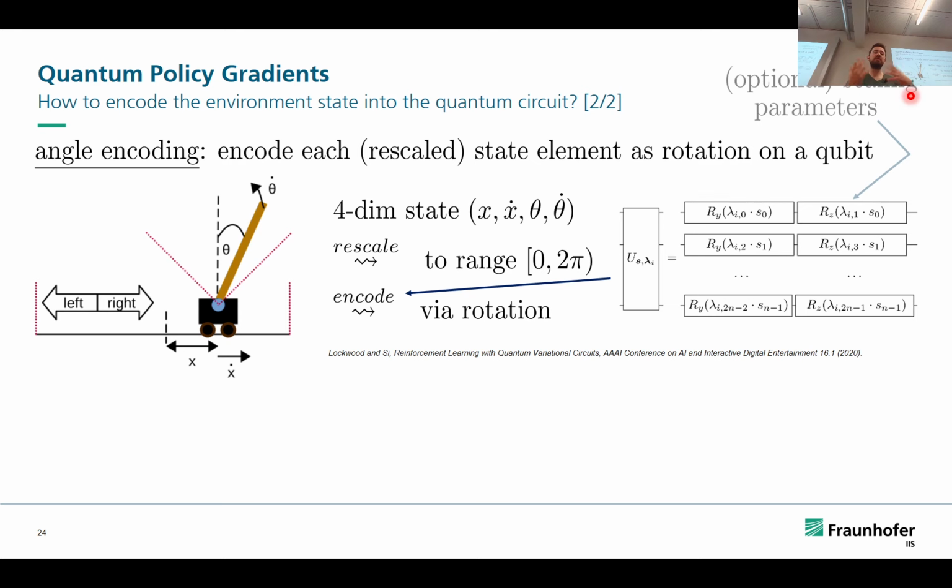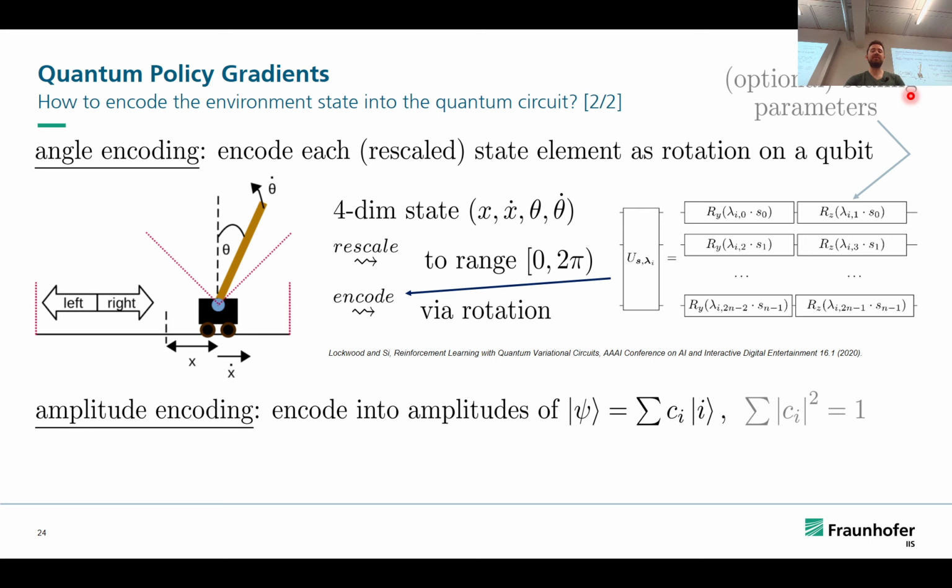So that's, I think, the encoding that is used for most of current algorithms, but there are also a lot of different encodings. So for example, you can talk about amplitude encoding, where you can encode the information directly into the amplitudes of your system. This has the advantage that typically it requires exponentially fewer qubits because it's very efficient, because you have this exponential number of amplitudes.